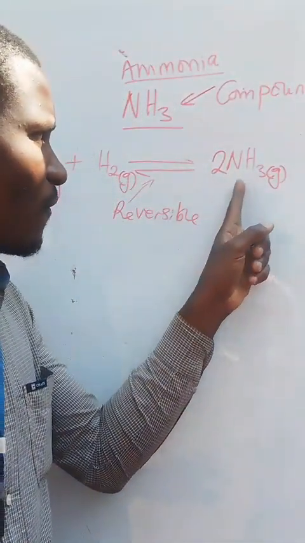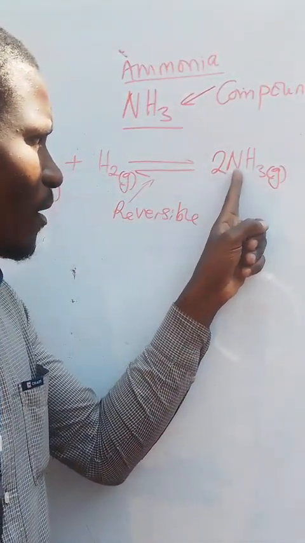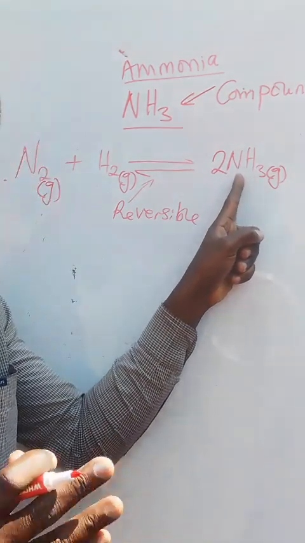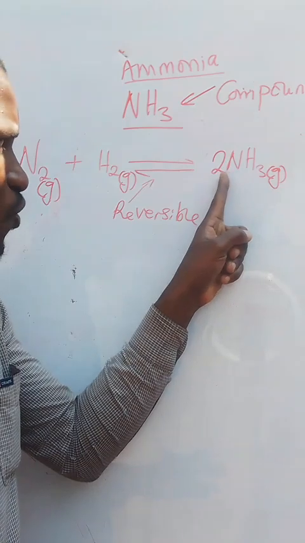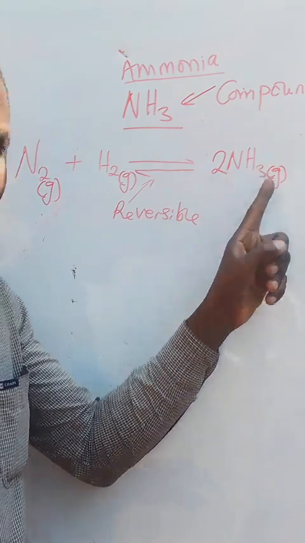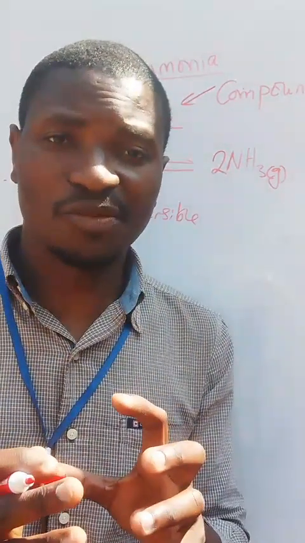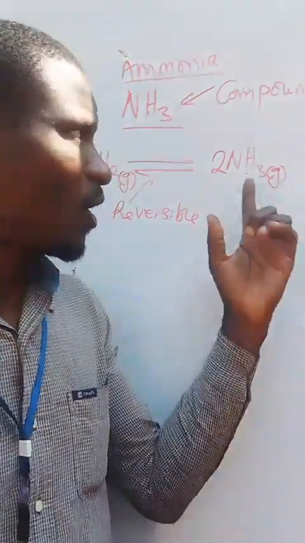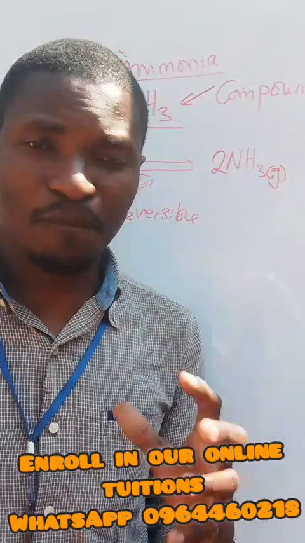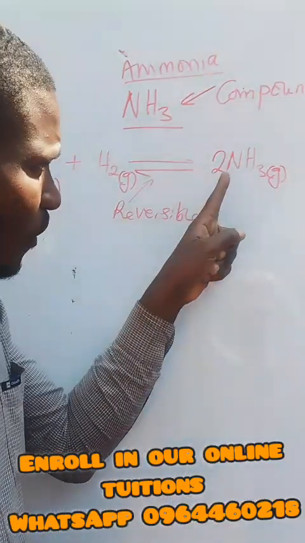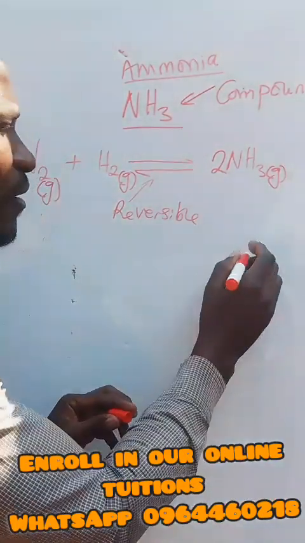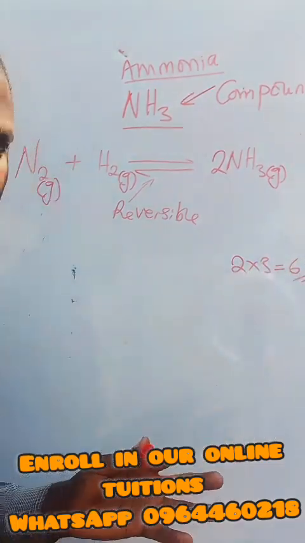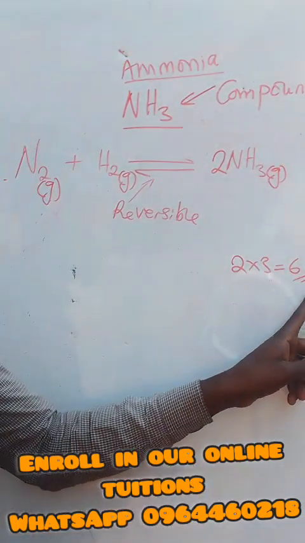And now what you have is two nitrogen, and these two which you have just put there have affected a lot of stuff. So 2 multiplied by 2, and that is now for the hydrogen. The hydrogen had only 3 atoms, and now because of the 2, things have changed, and now we say 2 times 3, that is 6.